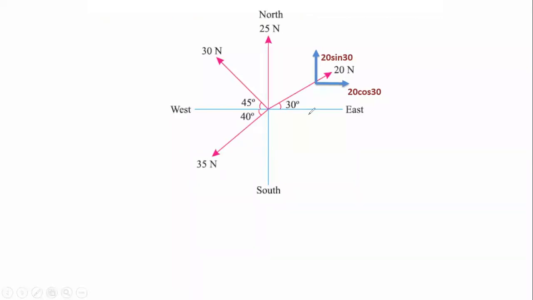Here this angle is 30 degrees. With respect to this angle, the component adjacent to it is always the cos component, and the other is the sine component. That's why this one will be 20 cos 30 and this is 20 sin 30.